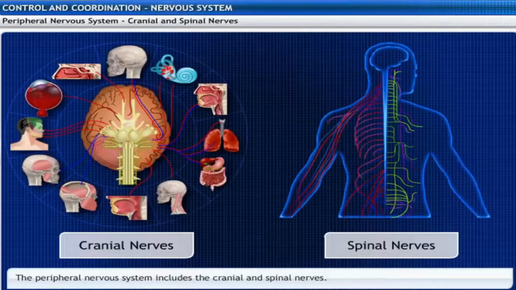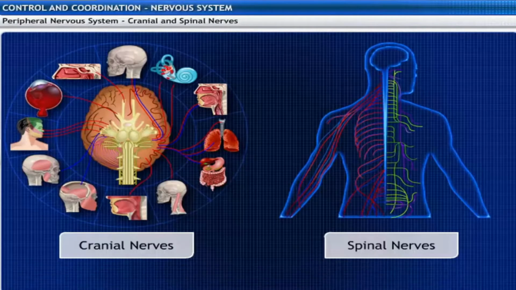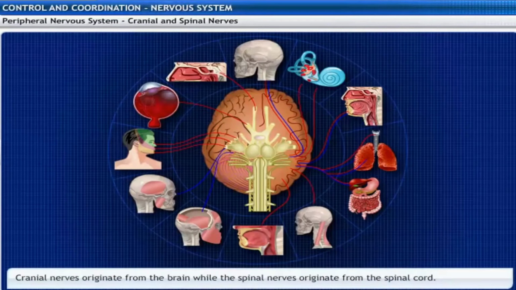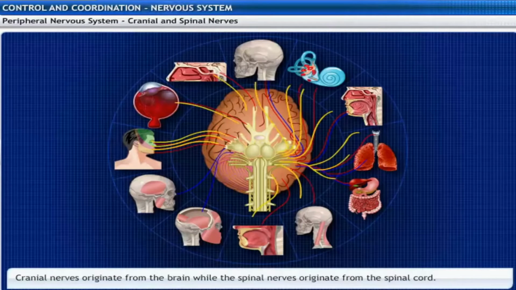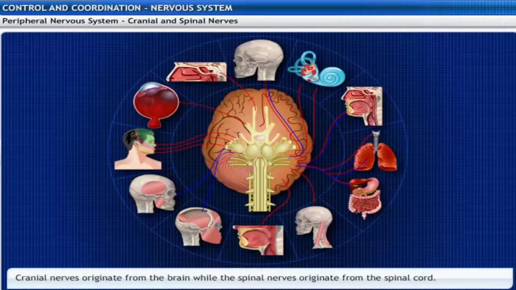The peripheral nervous system includes the cranial and spinal nerves. The cranial nerves originate from the brain, and a few cranial nerves carry impulses to and from the central nervous system.